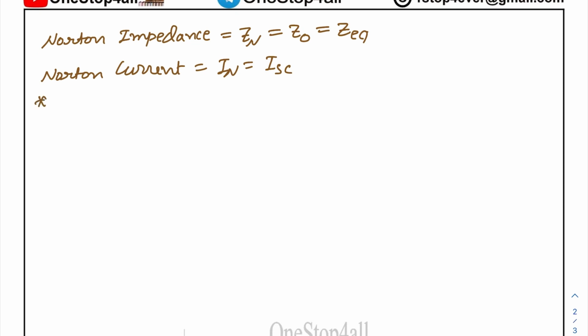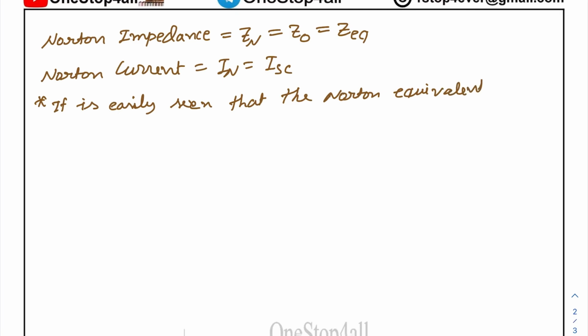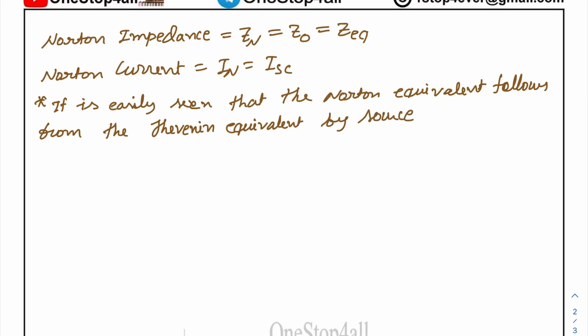अब देखिए, अब बहुत ज़्यादा इंपॉर्टेंट पॉइंट है, इट इज़ इजली सीन दैट Norton equivalent follows from the Thevenin equivalent by source conversion and also vice versa.